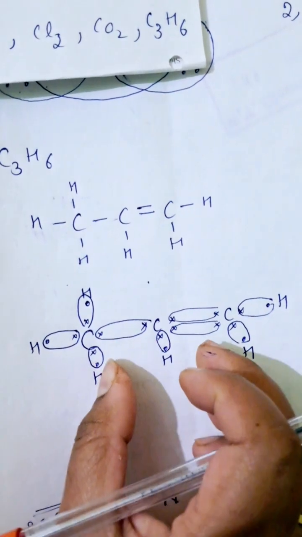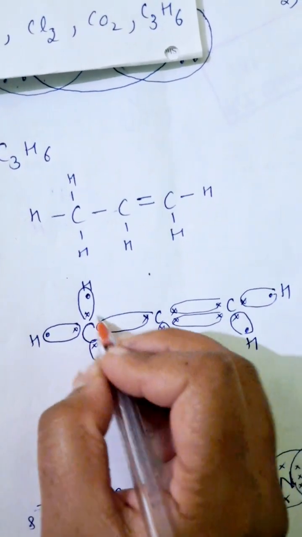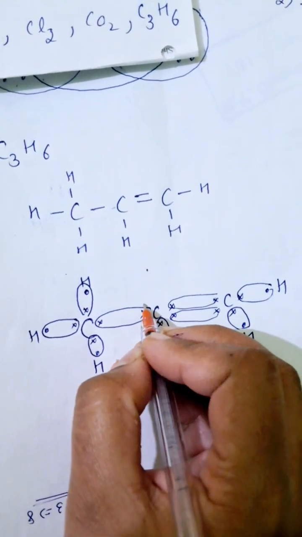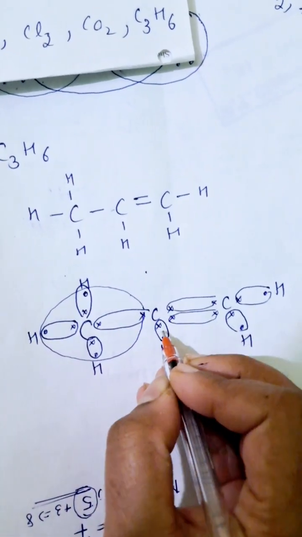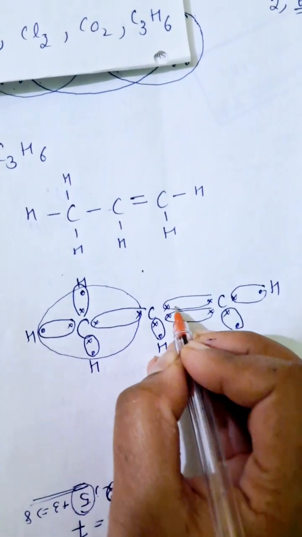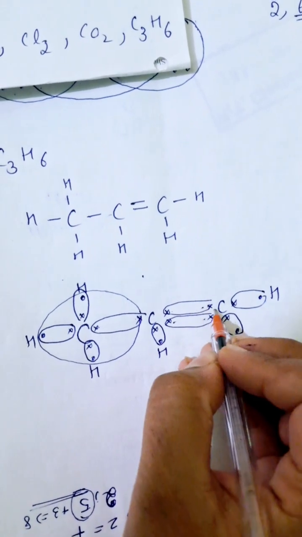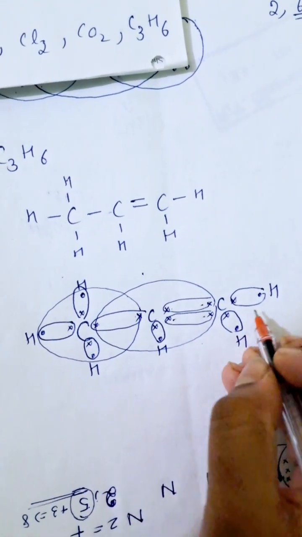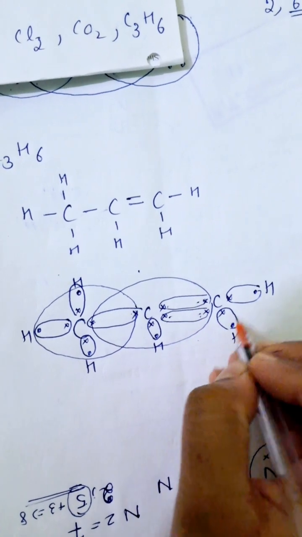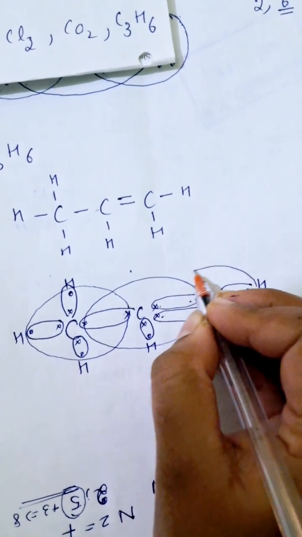Now you have to satisfy the carbon. So here it is 4 plus 4. So it will form a bond like this. So similarly next carbon also. So 1, 2, 3, 4, 5, 6, 7, 8. So there will be a bond formed like this. Now here this carbon 1, 2, 3, 4, 5, 6, 7, 8. So they will form a bond like this.